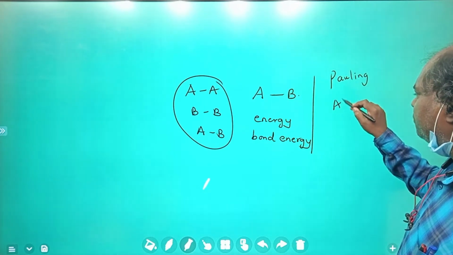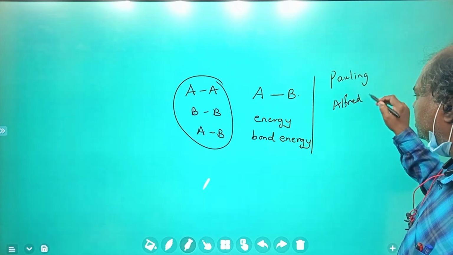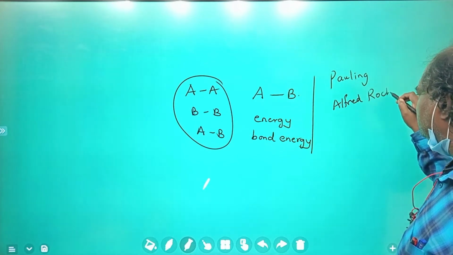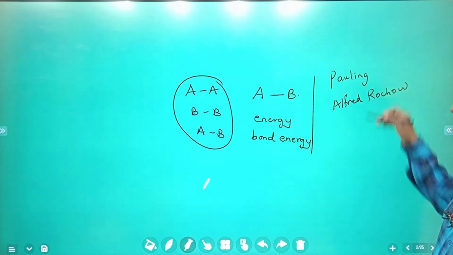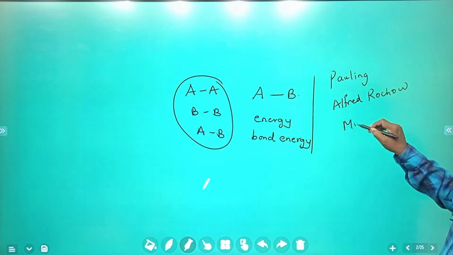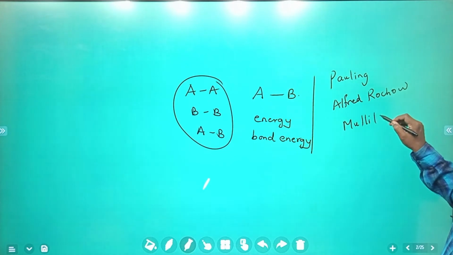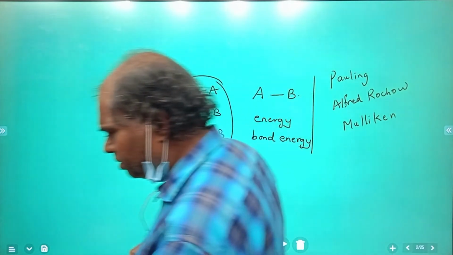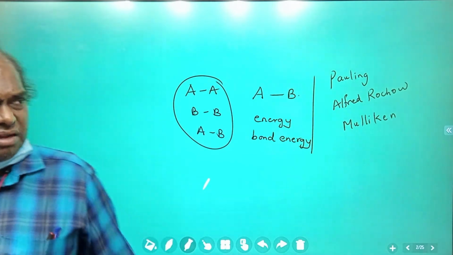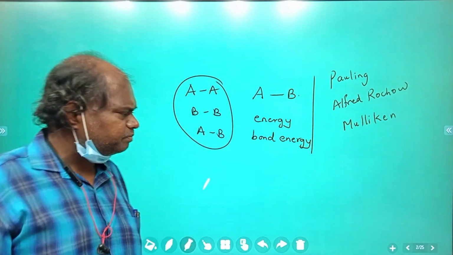There is something called Allred-Rochow scale of electronegativity. So many scientists have done the calculation, Mulliken scale of electronegativity. So for you, you don't have to do all this calculation. Just remember that you can calculate electronegativity if you know all the bond energies, right?